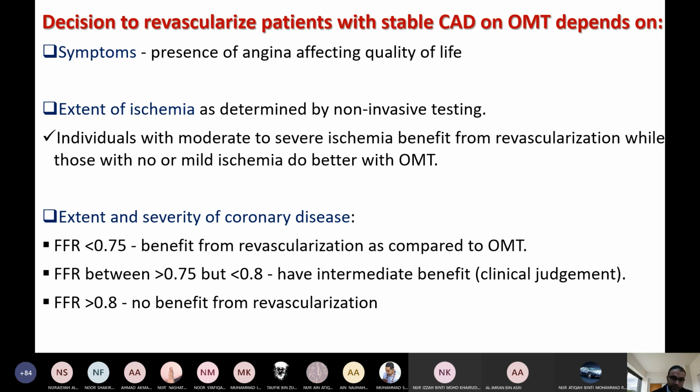Fractional flow reserve is a value that gives us an indication of the coronary stenosis status, how severe it is. With a lower value, maybe 0.75 and below, revascularization will most likely be more beneficial than optimal medical therapy. Between 0.75 and 0.8, it may be subject to clinical judgment. More than 0.8 is okay, there is no benefit of revascularization, and the patient can just take the medication.